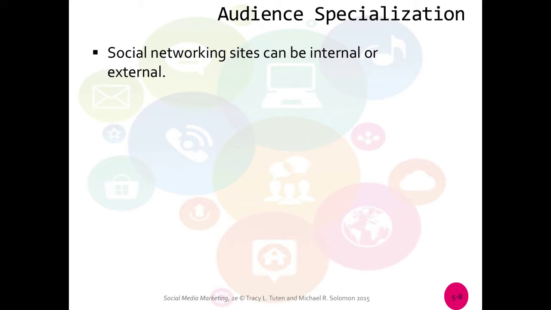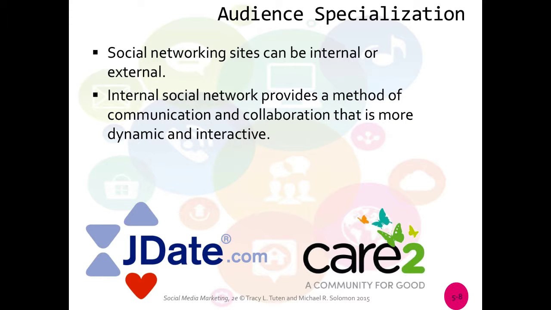So let's talk a little bit more about the audience specialization piece of it. Social networking sites can be either internal or external. Internal social sites are those that a specific organization builds for its own use, and they limit the members to people who are part of that organization.